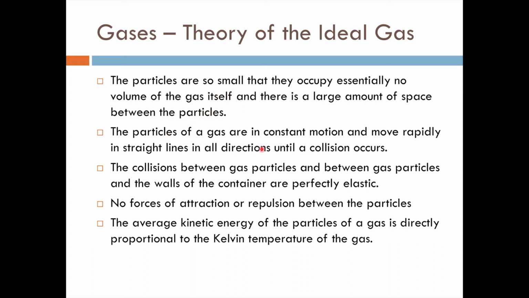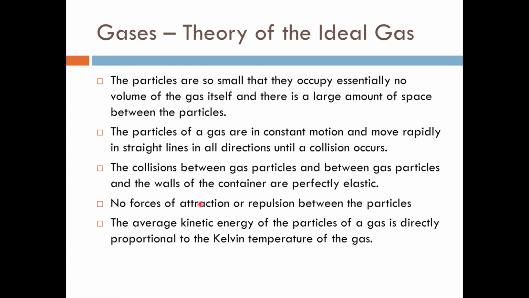The particles of the gas are in constant motion and move in straight lines until a collision occurs. Collisions between gas particles, and between gas particles and the walls of the container, are perfectly elastic, which means that they do not lose energy when they collide with each other. There are no forces of attraction.